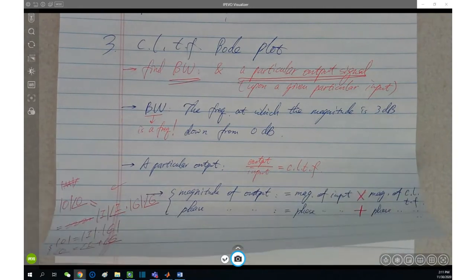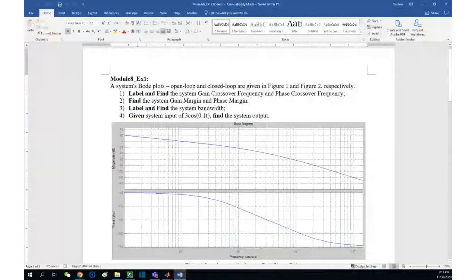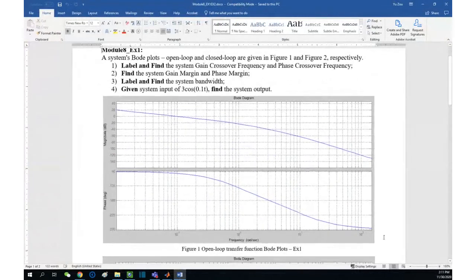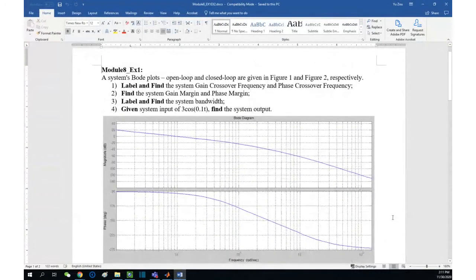All right, if these are fine, then let's take a look at the real example. Let's see how to solve them. Here is the real example 1. By the way, examples 1 and 2 have been posted in the Canvas module 8, so you should be able to access them.